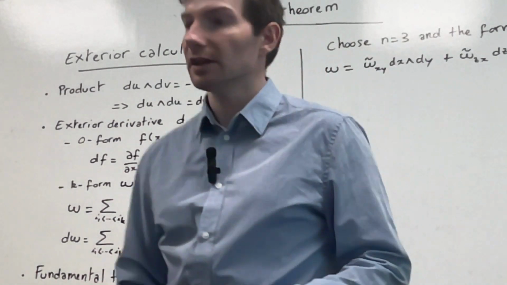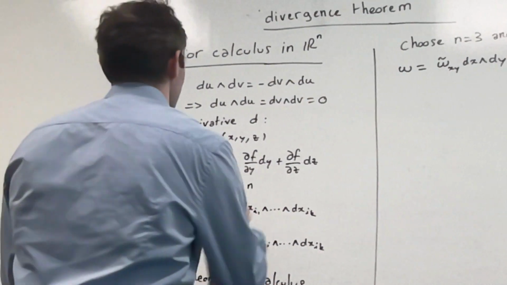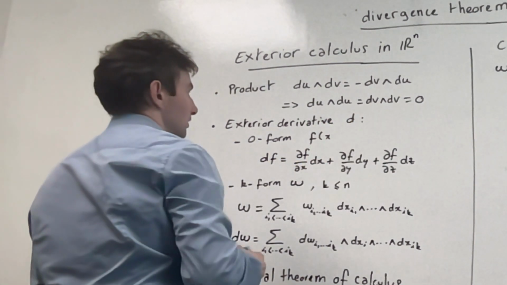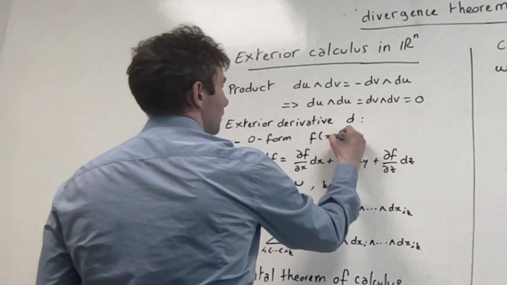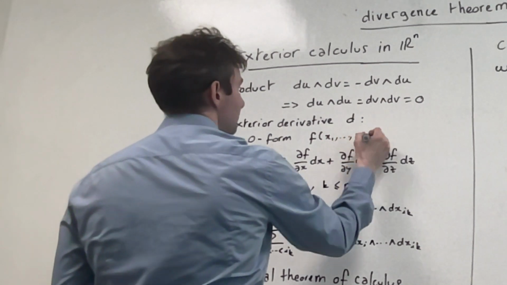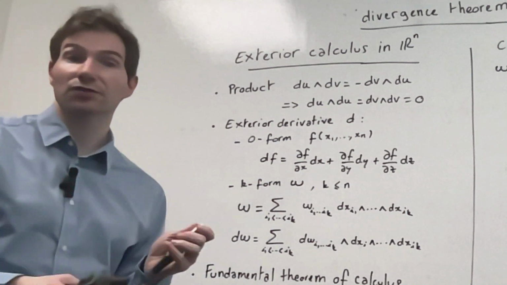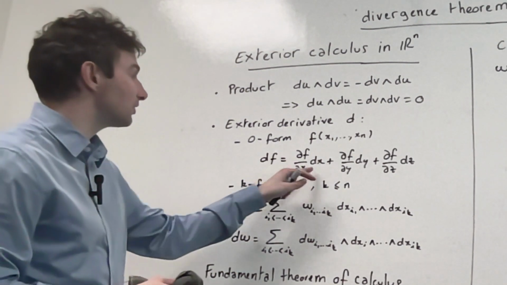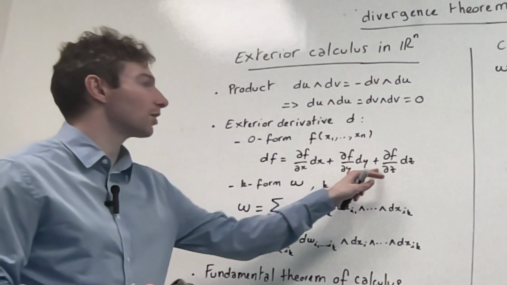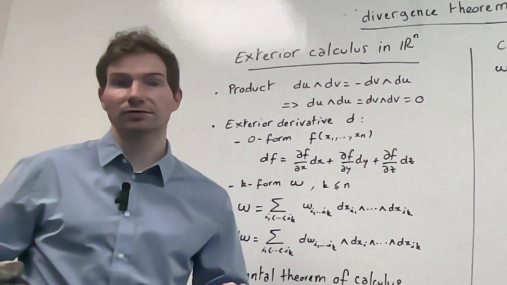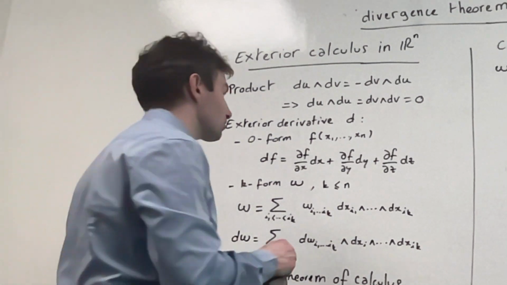So in fact, maybe I will do that now. Here you're going to have, for example, x1 up to xn. And here I had written df as if you were in 3D: df dx dx plus df dy dy plus df dz dz. That's the traditional so-called total differential of a scalar function.